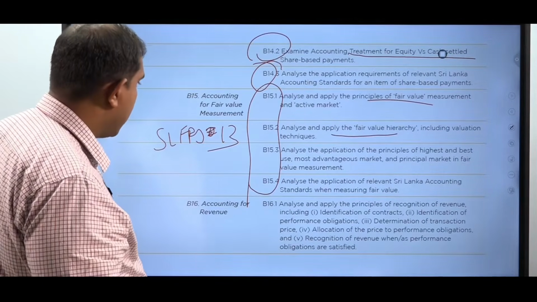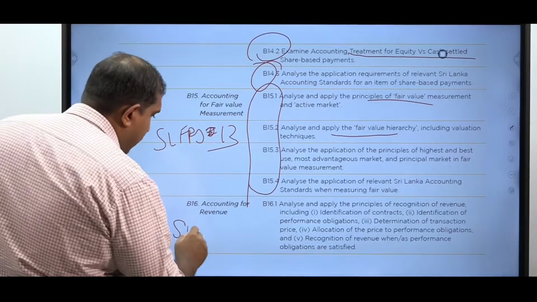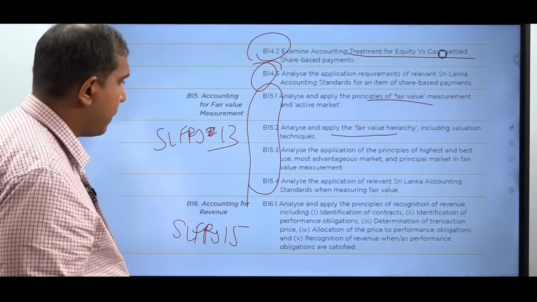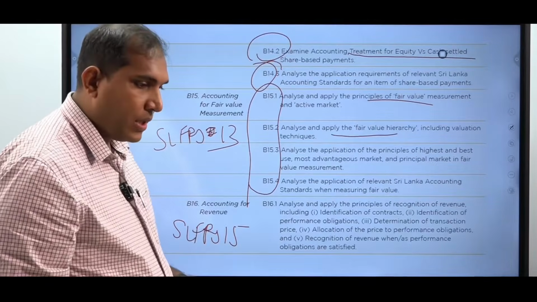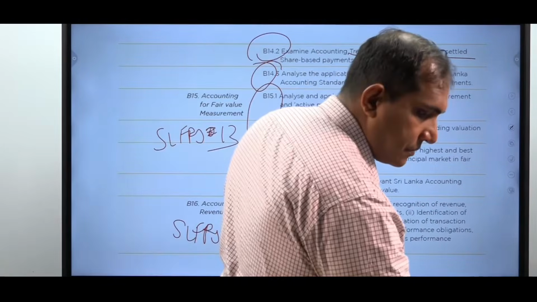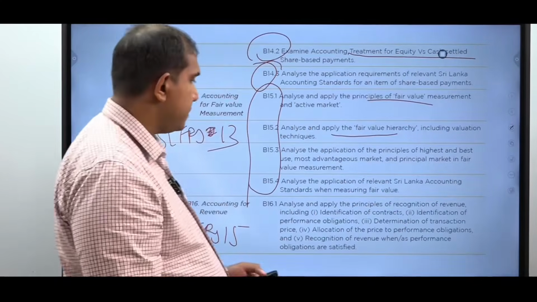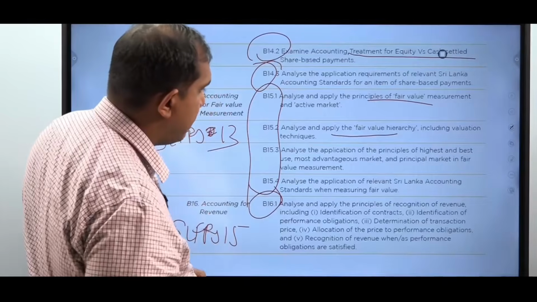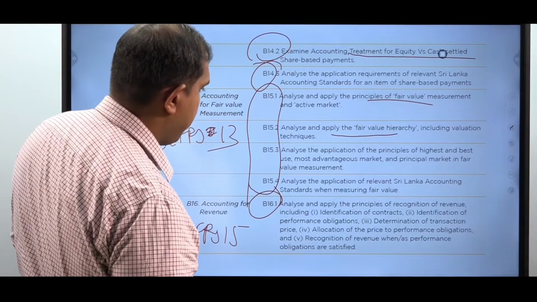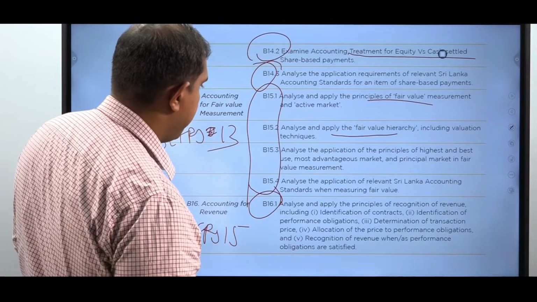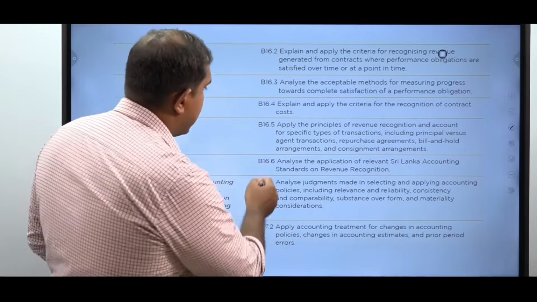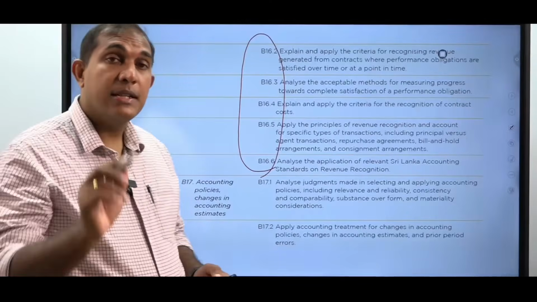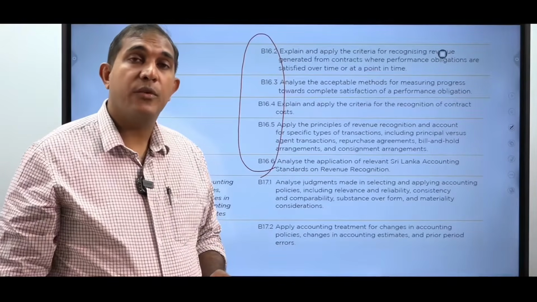Right. Then accounting for revenue, SLFRS 15. Accounting for revenue, SLFRS 15. 16.1. Right. Then as you can see, there are six sub-learning objectives on revenue.